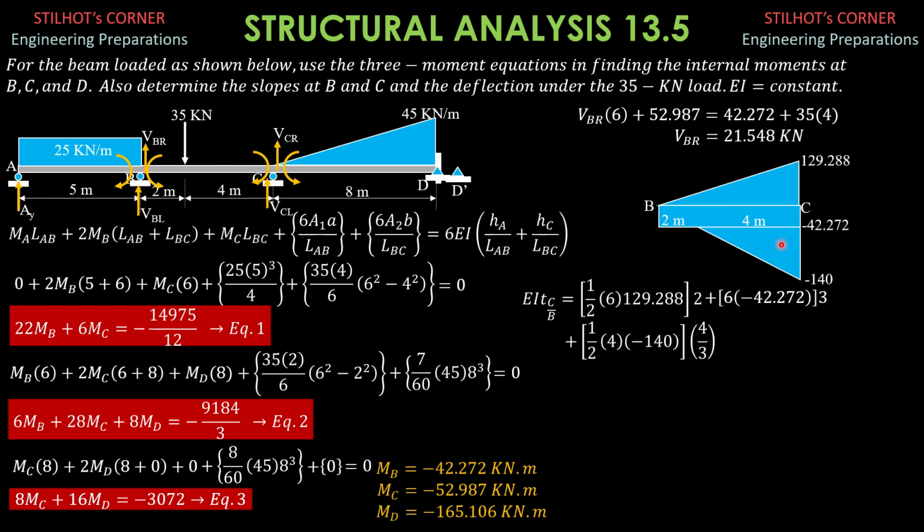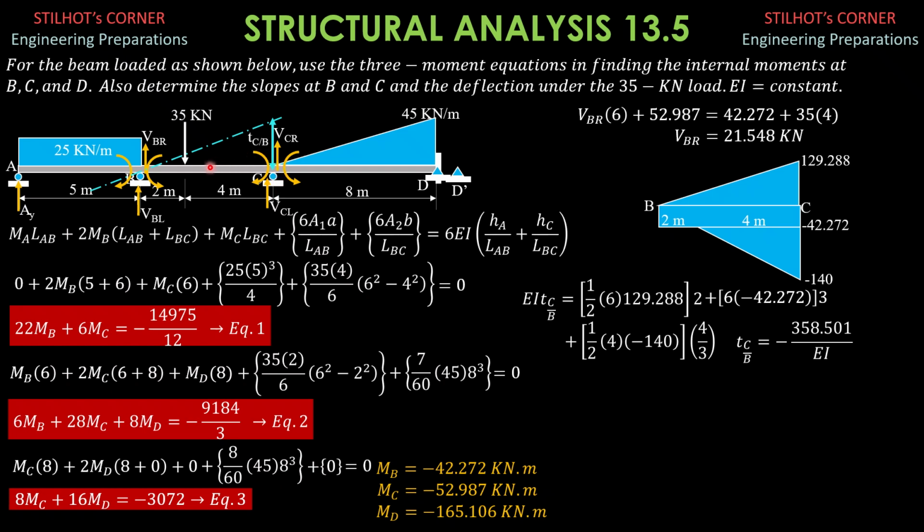Moment arm is 1/3 of 4 or 4/3. Solving for deviation of C relative to B, it is equal to negative 358.501 over EI. Negative means that point C is below the reference tangent at B. So the reference tangent at B should be above C as shown in the figure. And this is the deviation of C relative to B.